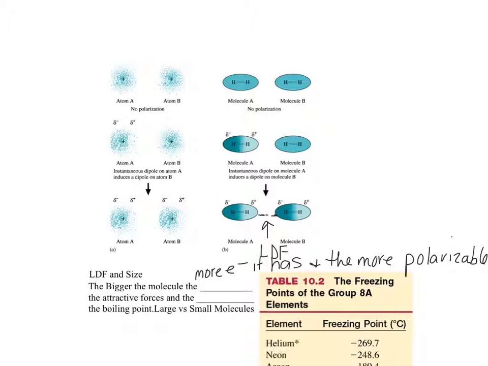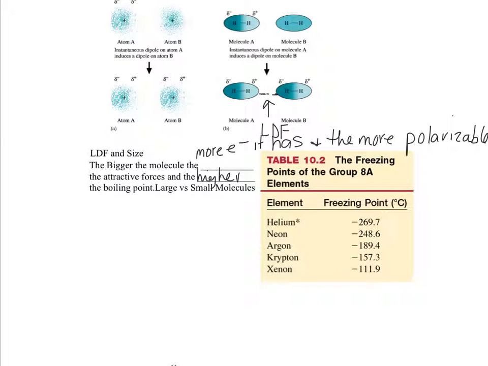And no, I didn't make that word up. And that means the higher the boiling point, which I already told you. And you can see that here, okay? So helium, negative 269.7, and then as you get to the bigger molecules, argon, krypton, xenon, the higher, sorry, the freezing point, which is in direct relation to the boiling point. I thought this was the boiling point chart.